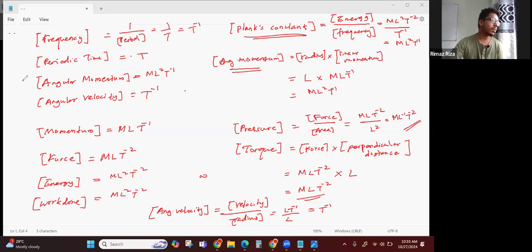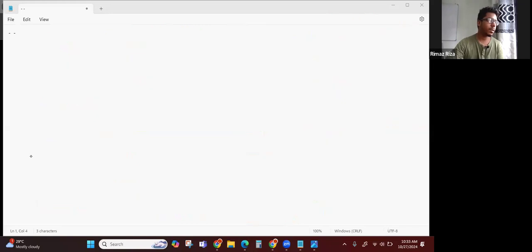So you can write a summary, all in one page, starting from force. Force dimension is M L T minus 2, mass times acceleration.